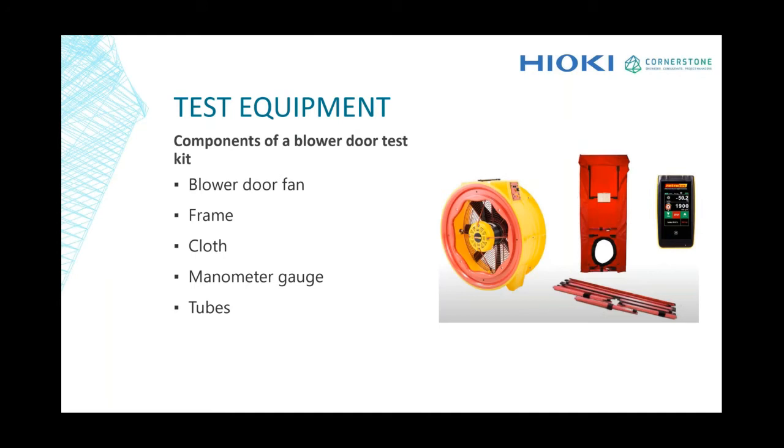This is the instrument that we use to carry out the air tightness testing. In this we have the blower door fan, the yellow color fan you can see here. Then you have the metal frame and the cloth. And then you have a manometer gauge, which we use to measure the pressure, and of course the tubes that we connect to the manometer.